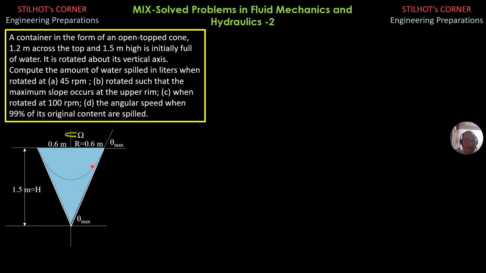So here's the figure. Radius at the top, big R, 0.6 meter, height, big H, 1.5 meters. And the parabolic surface, remember, forms tangent to the upper rim; that's the maximum height, that's the maximum slope also. The slope cannot go beyond the slope of the slanted side of the cone.